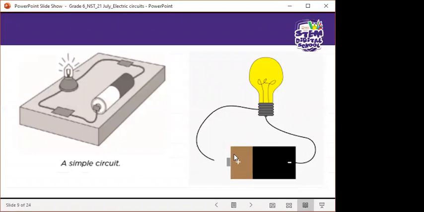We also have another example on the right, where we have our light bulb and our cell or battery. Again, guys, remember what I said, very important: a cell always has a positive and a negative end.